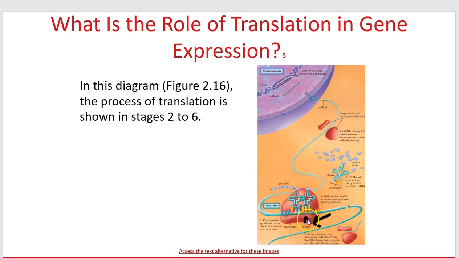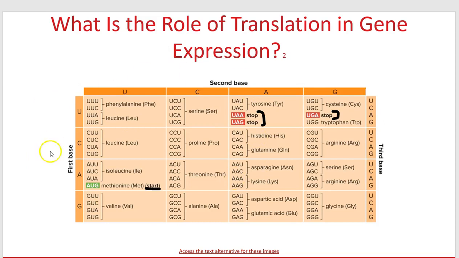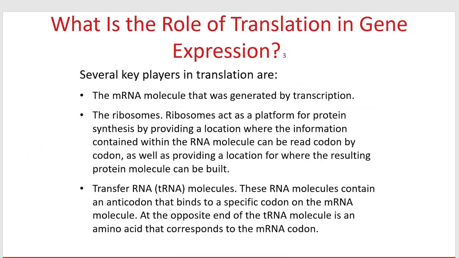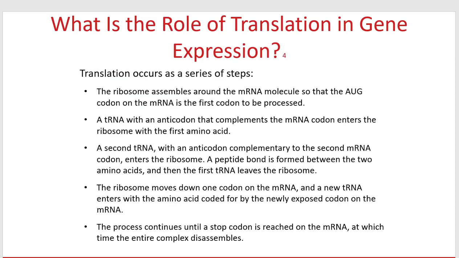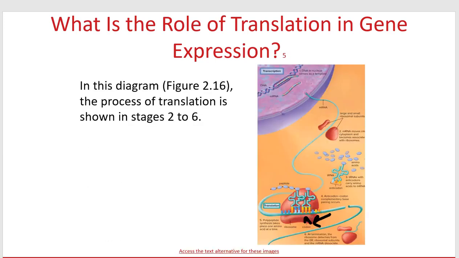And in this site here is a codon, and if the codon is here, then this other RNA, transfer RNA, will bring in the proper amino acid. And the amino acid it brings in is based on this. So make sure you read these, get an idea of how translation works. But these are the main players.